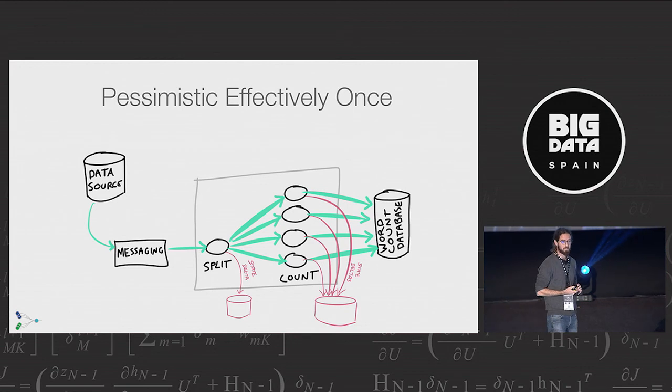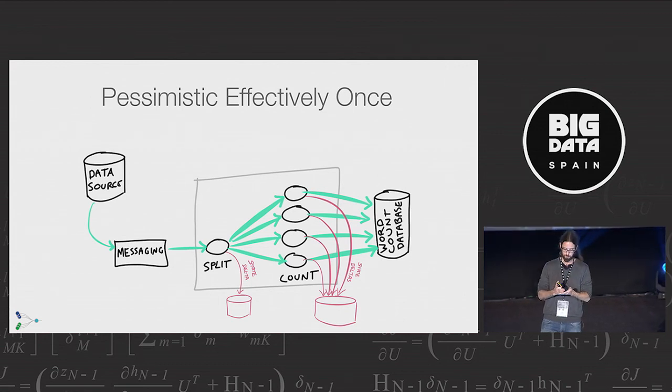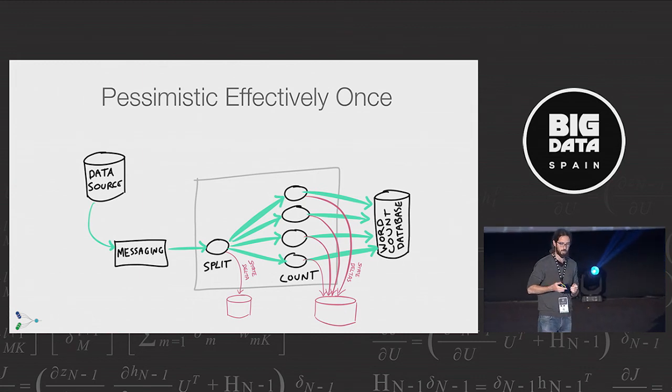Pessimistic effectively once takes a different approach. In pessimistic effectively once, each time a tuple or a message is processed by a node, the node will generate a state delta, which is the difference in state before the node processed the tuple and after the node processed the tuple. And it will dump this to persistent storage and send the messages along.